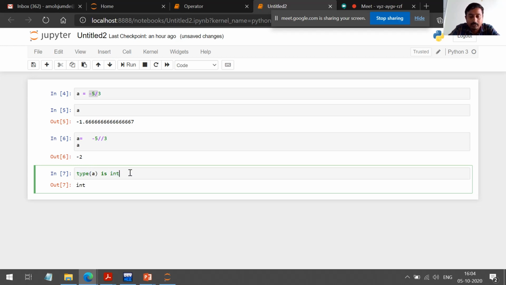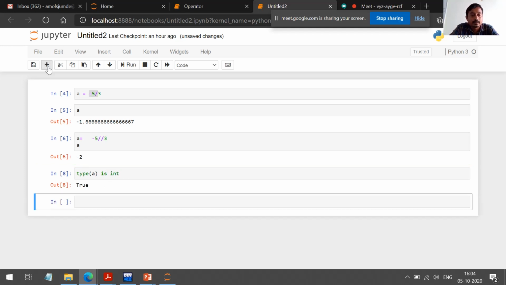It will give me true as a result. This is operator is used to check such conditions. And if I say is not, the result would be false.